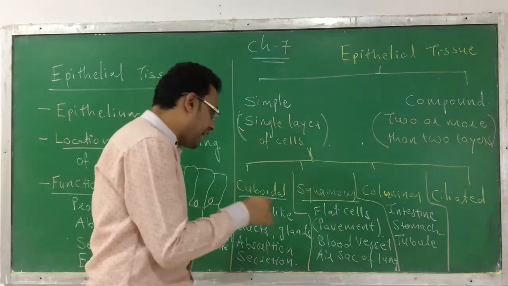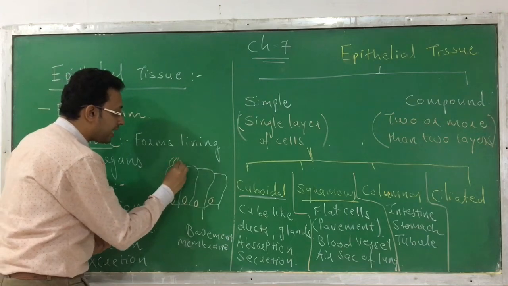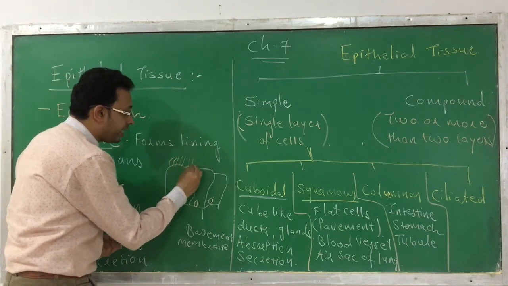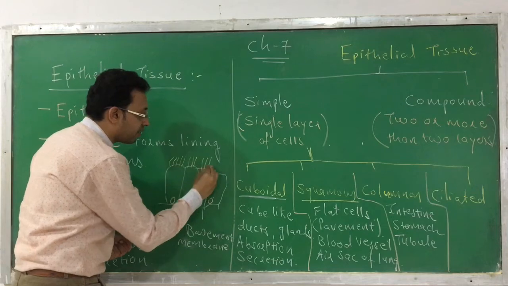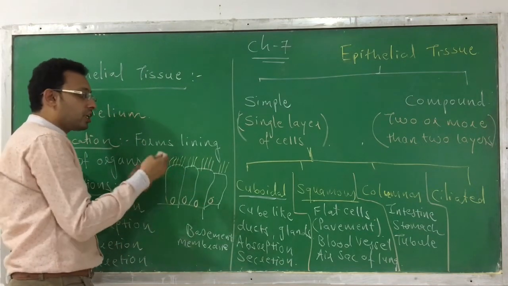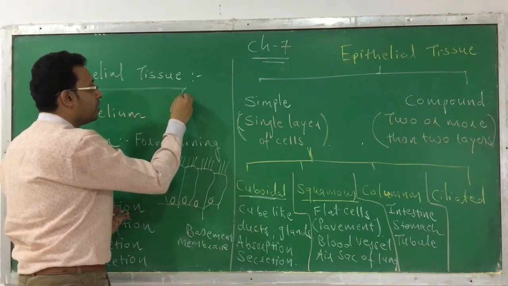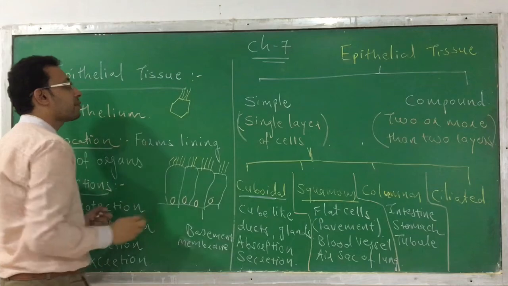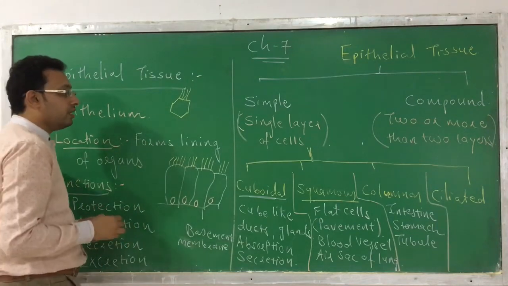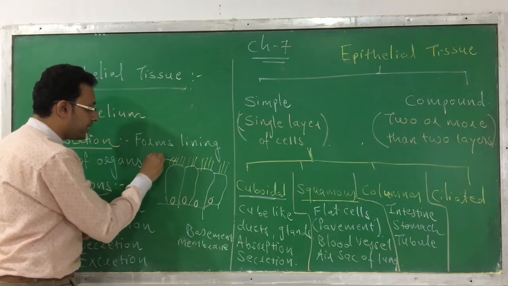But in addition, for example if it's columnar, it has small hair-like structures found at the free surface of the cell. If it is column-like, then the shape is like this, or if it is cube-like, then it is like this. Such cells are present. On the free surface there are hair-like structures. These hair-like structures we call cilia.